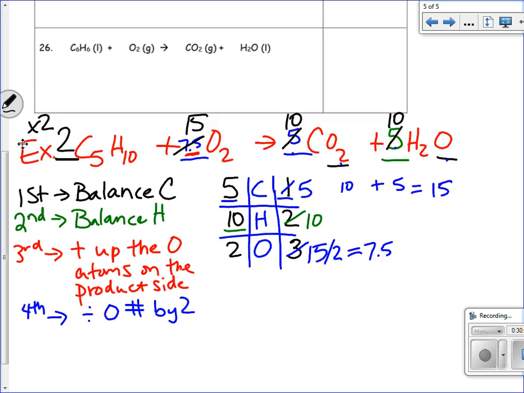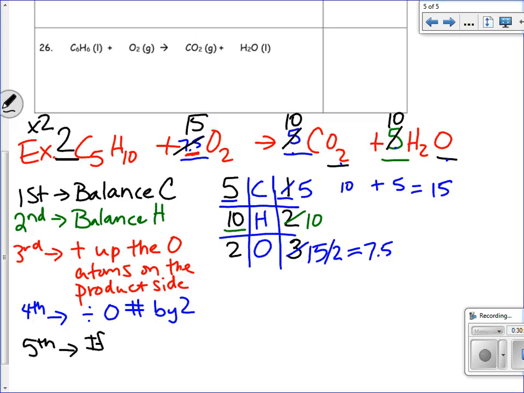Now, that would be step 5. But you only have to do step 5 if you get an odd number. If you get an even number, you just stick it in front of the O2, and you're done. Okay?